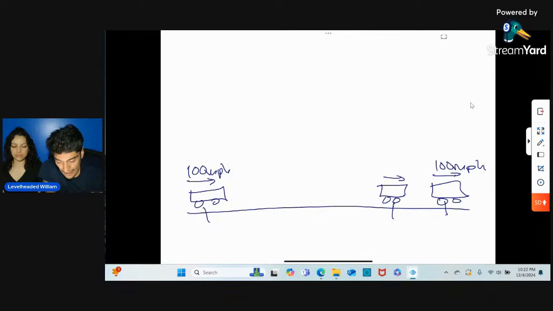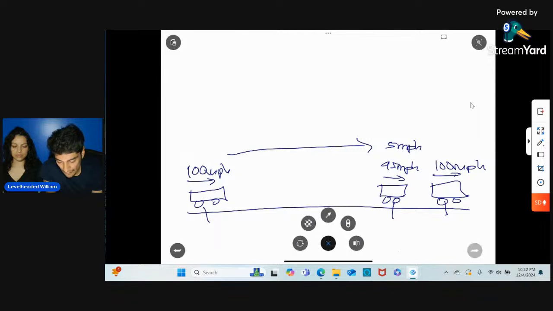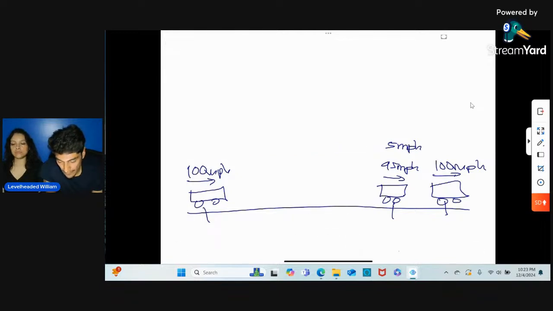So now it's going at 95 miles per hour, a 5 mile per hour difference between the constant and the decelerating car. At this point, it will be down at 90 miles per hour. At this point, it'll be at 85.